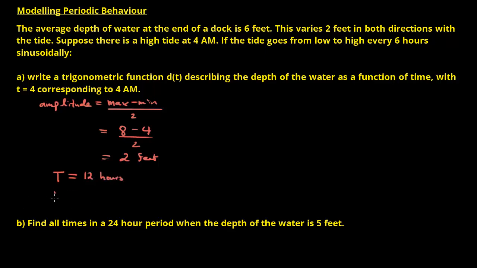Our K value is going to be equal to 360 degrees divided by 12 hours, which is equivalent to, well, 360 divided by 12 is 30, so we have 30 degrees per hour.